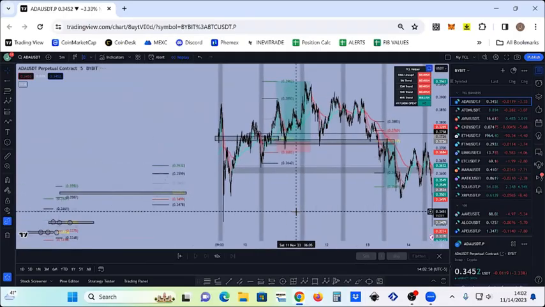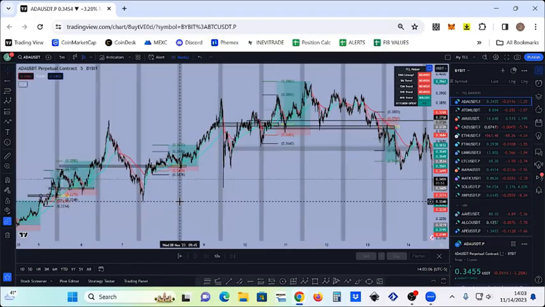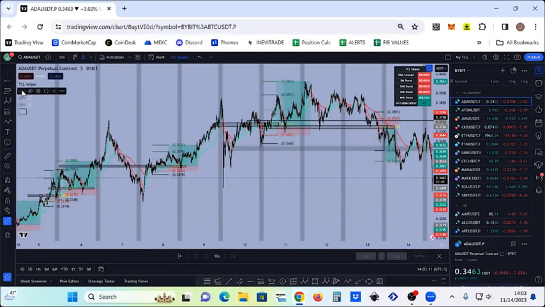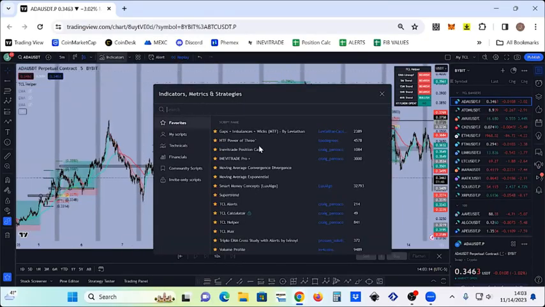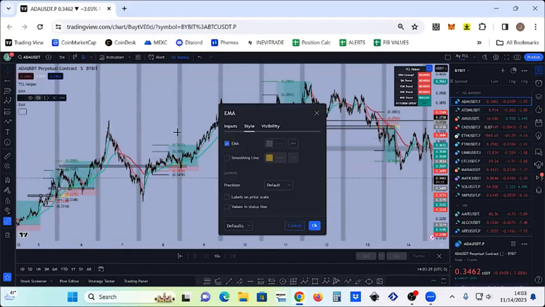I always use the 5-minute EMAs. The 5-minute EMAs are the end all be all for me. But to avoid the noise, sometimes I will do a 15-minute time frame, and then I have these here. These are just a regular exponential moving average, the EMA that's built into TradingView. I'll use these mainly because of the settings.